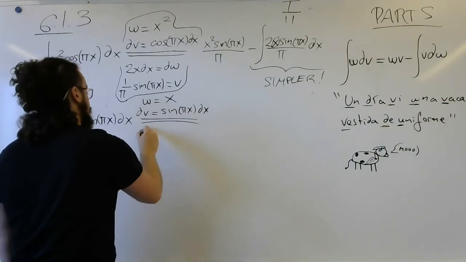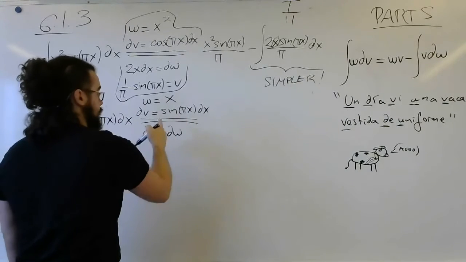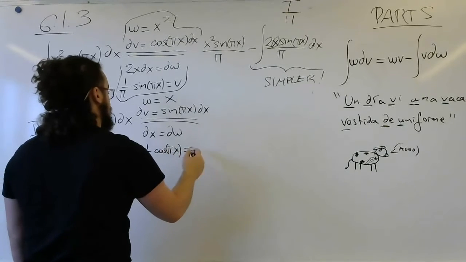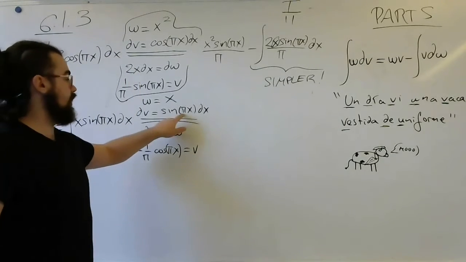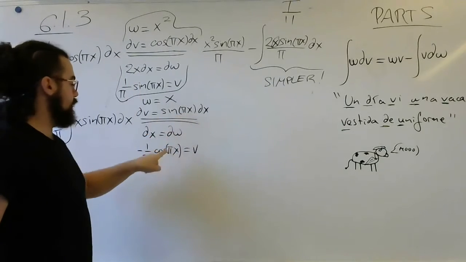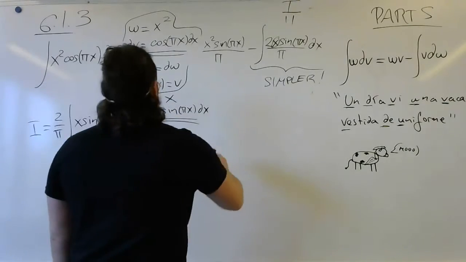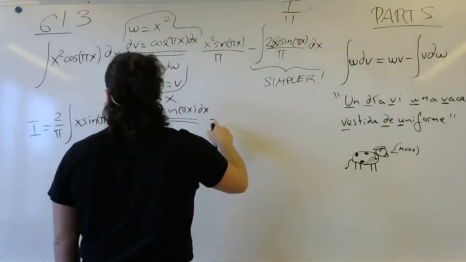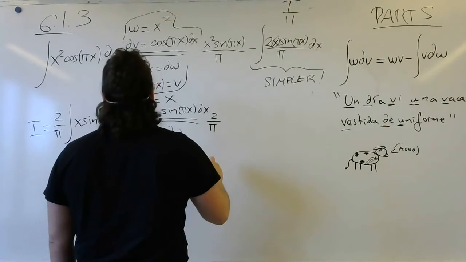So now when we derivate, we get dx is dw, and here we have minus 1 over pi cosine of pi x is v. Why? 1 over pi because we have pi here, and minus because the derivative of the cosine is minus the sine. So this is 2 over pi.